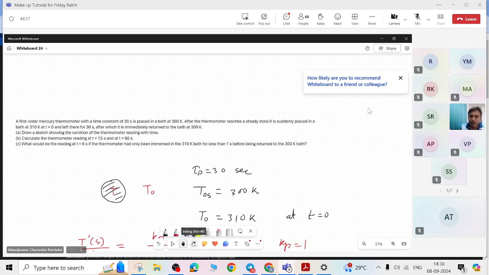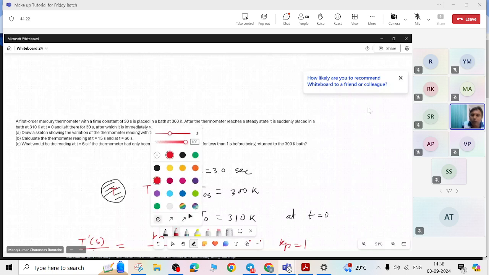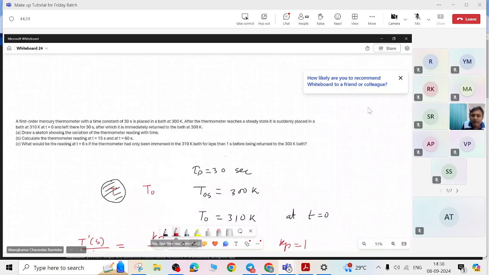So see, if I had deleted this word, then it would have become a pulse input, isn't it? But since this word is there, we are not specifying exactly the time.